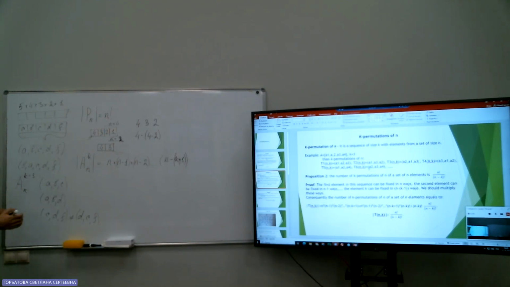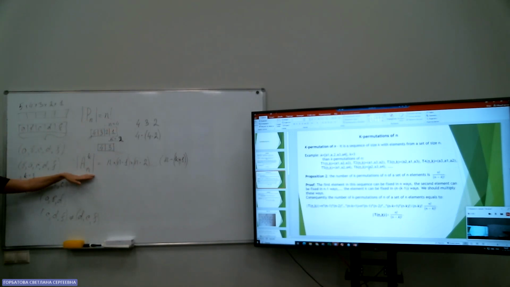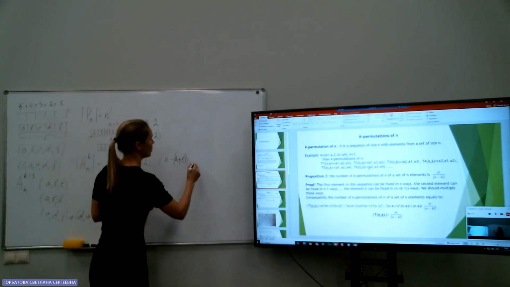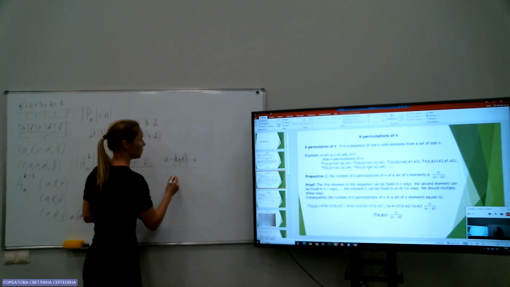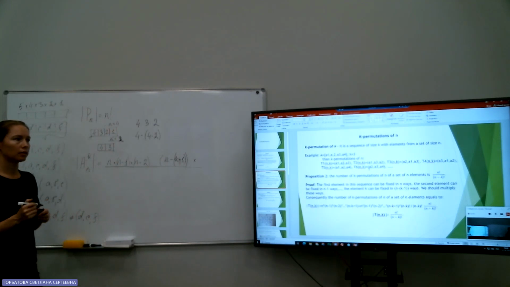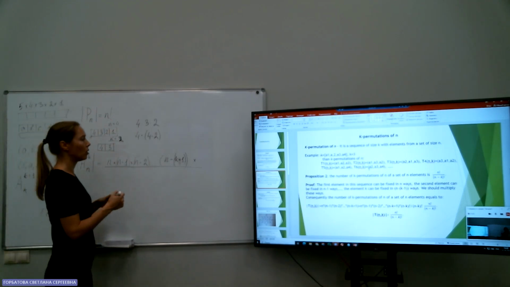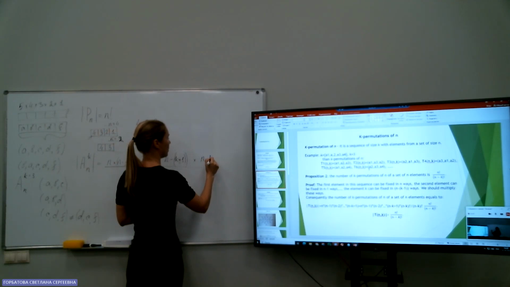Okay. And how can I get the formula of k permutations of n elements? Is it possible to multiply by something and divide it by something? Multiply by n minus k, yeah.